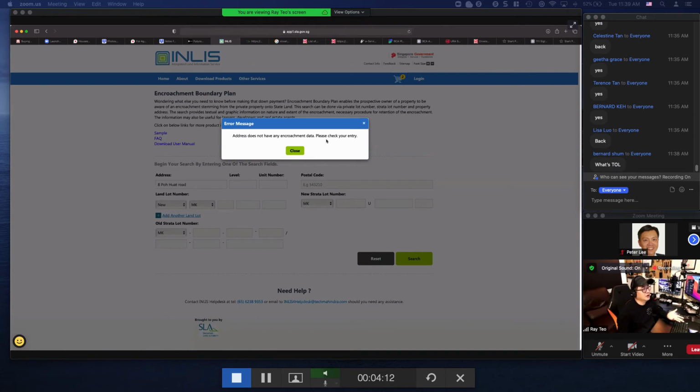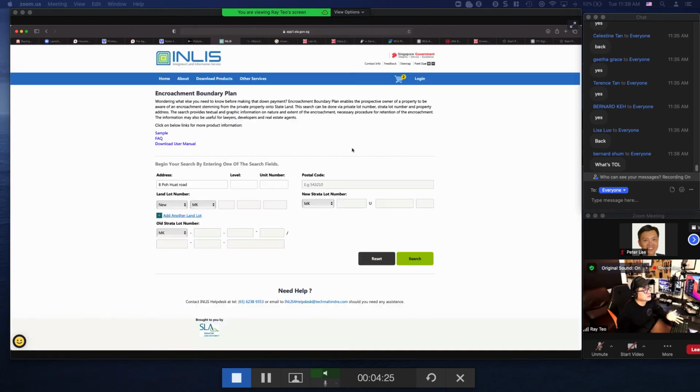TOL, temporary occupation license, means you rent the land from the government.